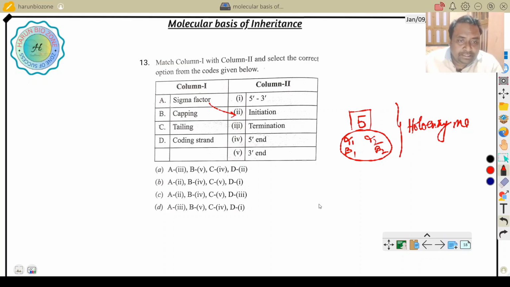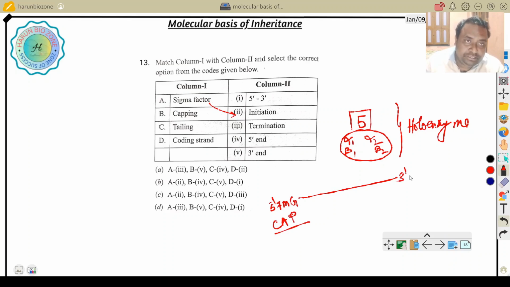Capping: if this is mRNA, in the case of eukaryotes, when the mRNA is transported from the nucleus to the cytoplasm, the 5' end is capped with a 7-methyl guanosine cap, and the 3' end gets 200 to 250 adenine residues, polyadenylation.